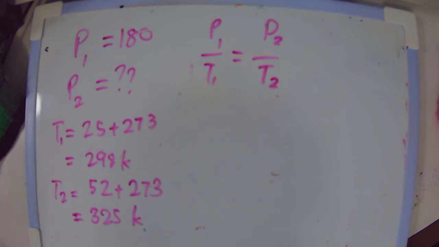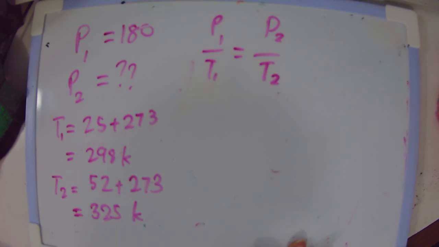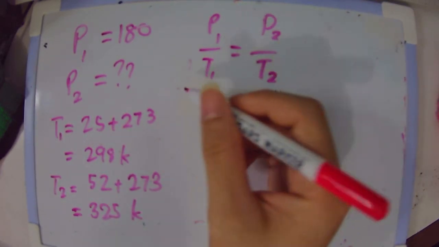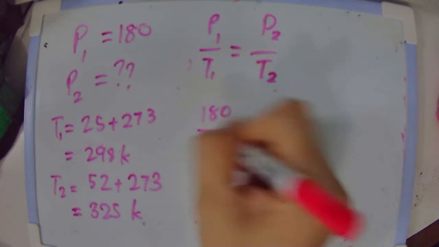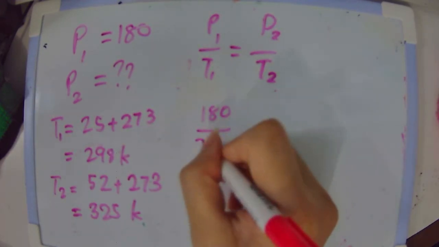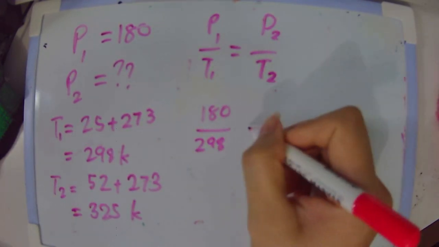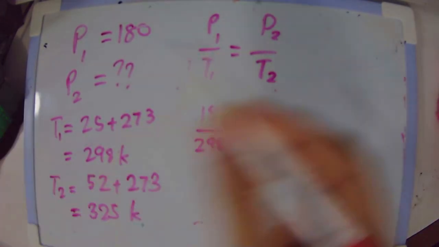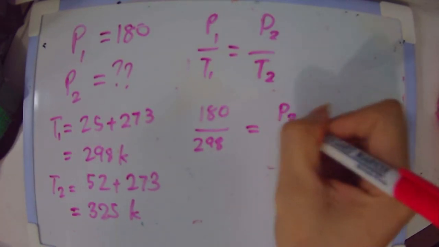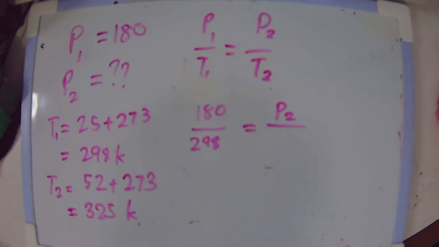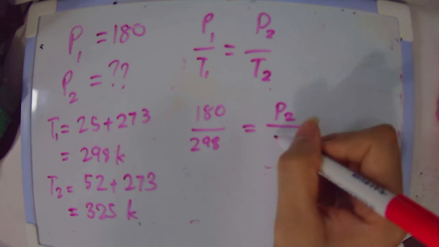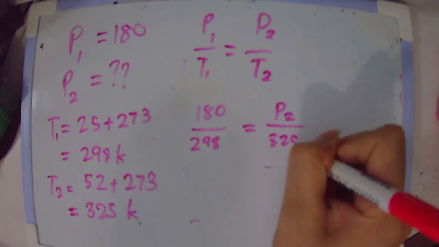It's all about finding the correct information, finding the correct formula, and then putting everything into place once you have everything. Right? So P1 equals 180, T1 equals 298, P2, not stated. That's what we need to find. And T2, or final temperature, is 325.